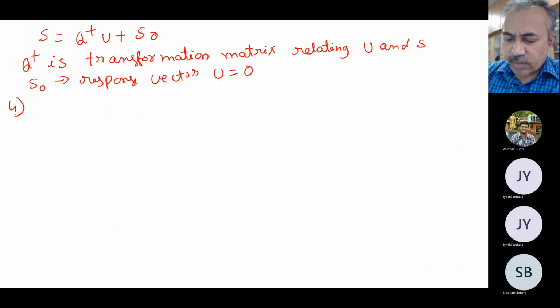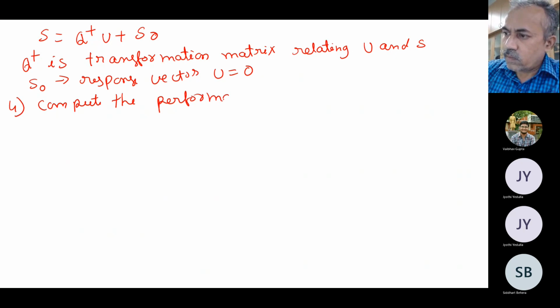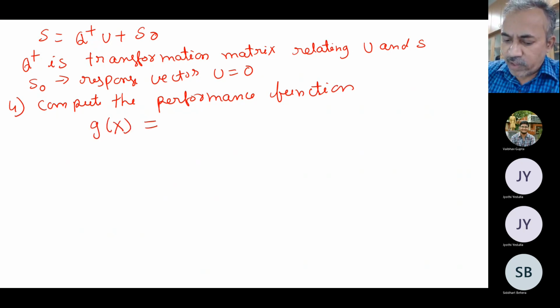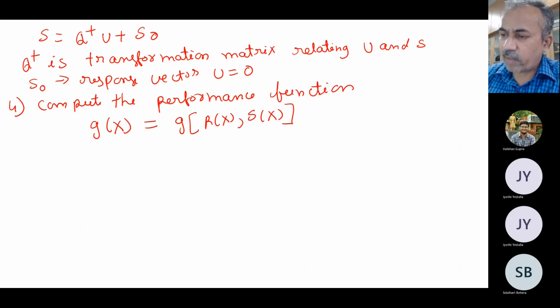Now the next step is the performance function. This performance function is g of X, where X are the random variables. You will have resistance, and you will also have the load, so this is the demand and capacity.